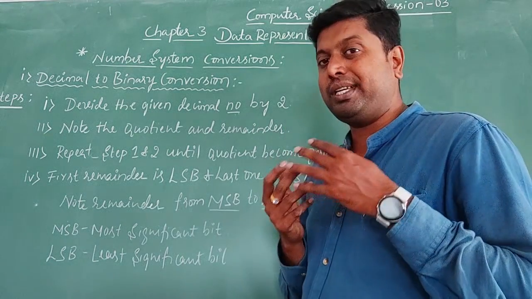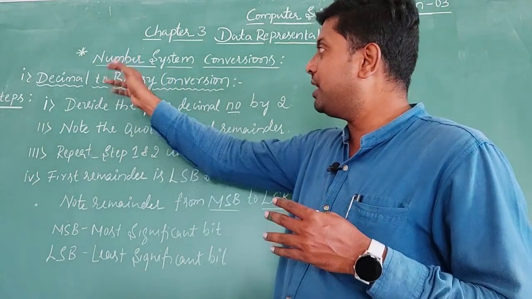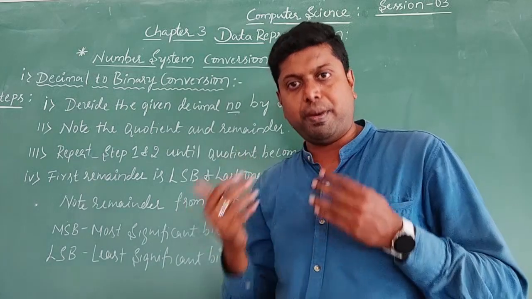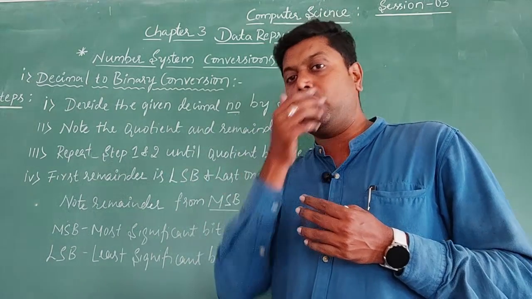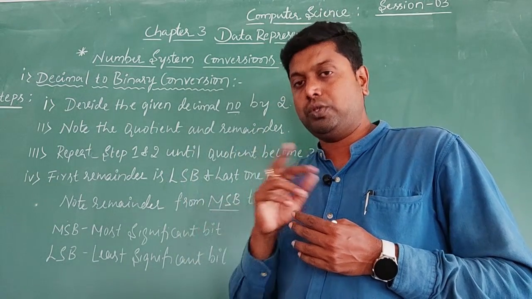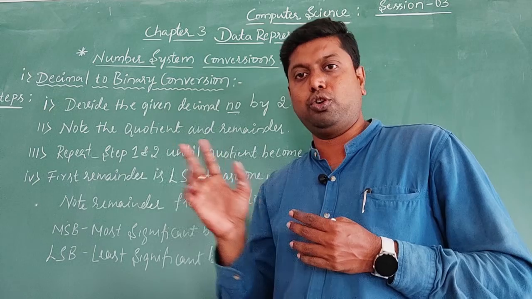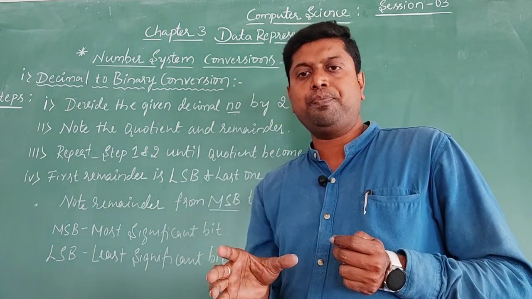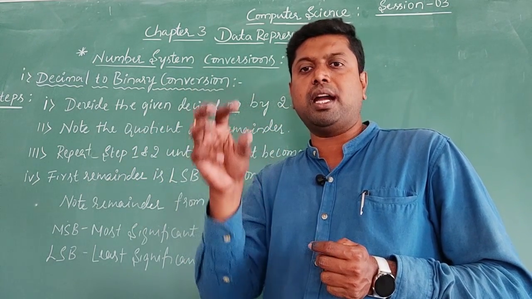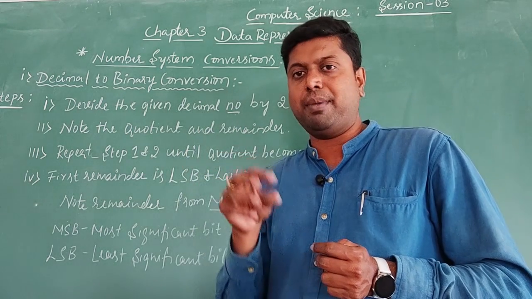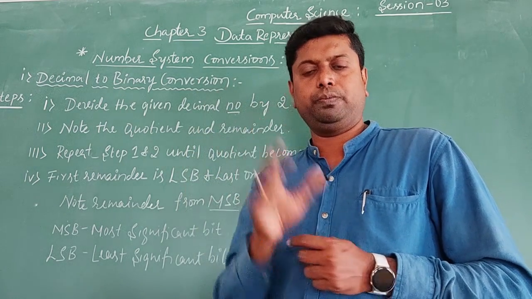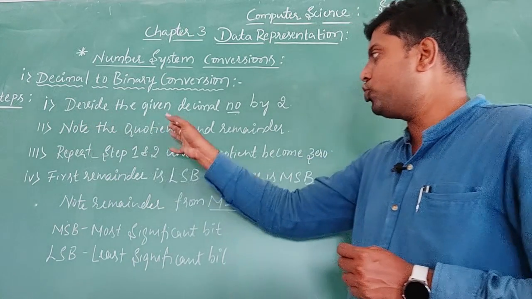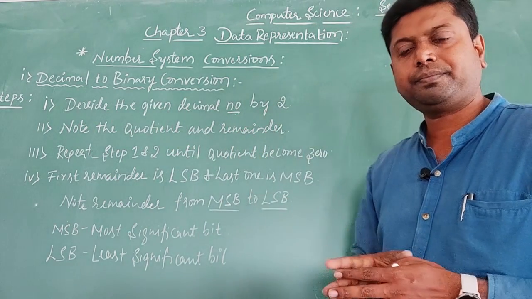Why are we dividing by 2? Because the numbering system we are converting to is binary, so we have to convert it into single forms, with remainders becoming 0 and 1. That's why whatever number they give, we divide it by 2. Then in the second step, note the quotient and remainder.